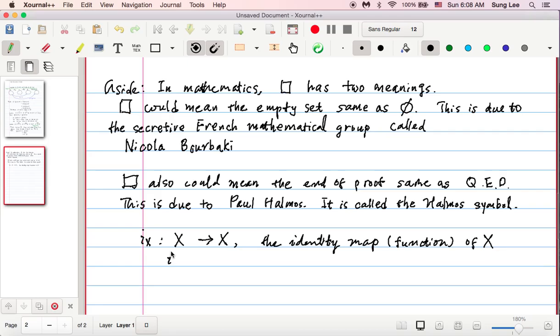Because I sub x acting on any element x in X gives x. In other words, any element is mapped to itself. That's why it is called an identity map.